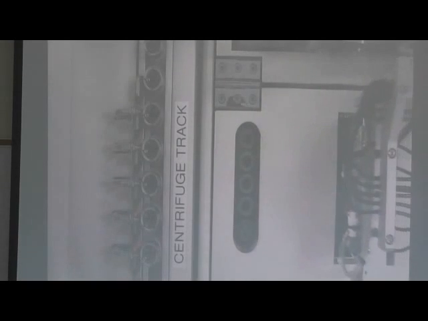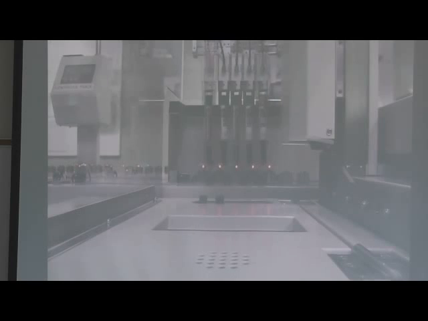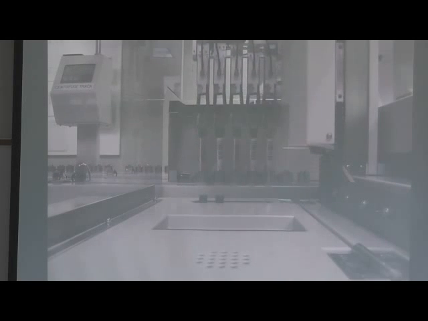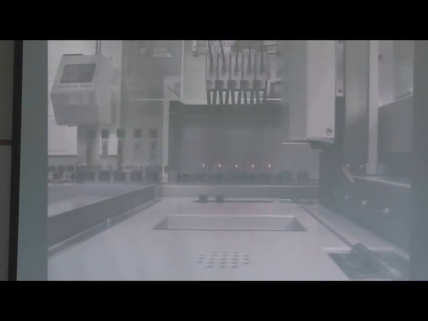It goes to this automated centrifuge, so it spins the samples. This is from a hospital in New Orleans that wanted to advertise that they just automated their lab.